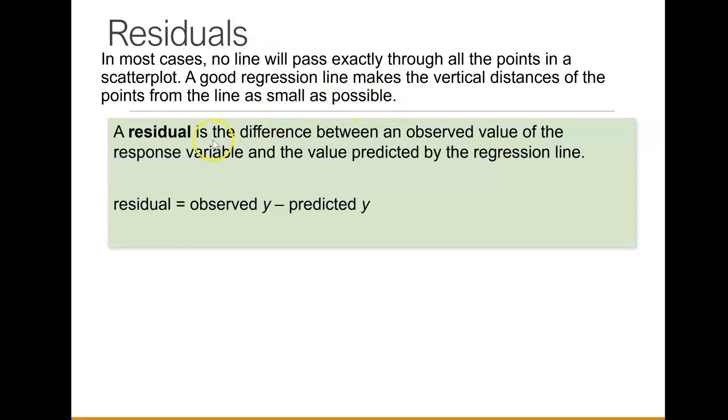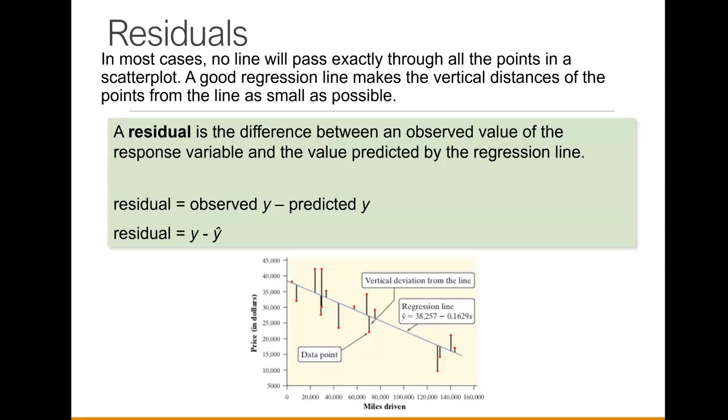So what we're going to be interested in when we construct how to do this regression equation by hand is something called a residual. So the residual is just the distance between our observed y-coordinate, the coordinate from our data point, and our predicted y-coordinate, the y value from the regression line at the same x.